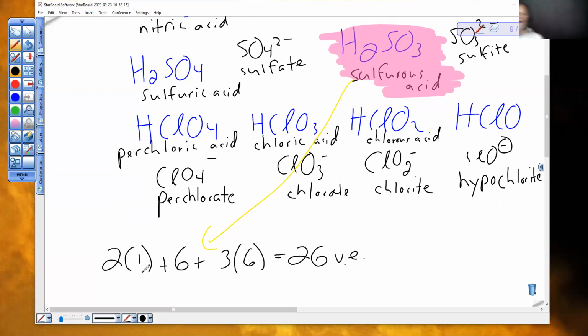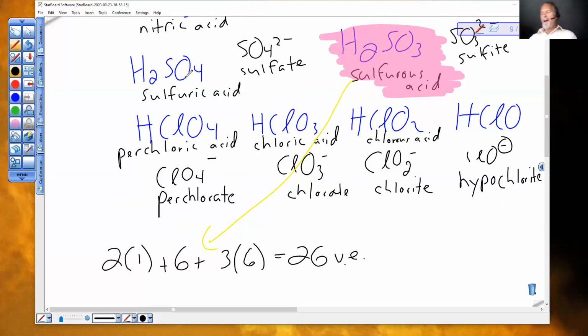Oxygens, you don't bond oxygens to oxygens ever if you can avoid them, and definitely we can. And do not attach the hydrogen to sulfur. That would not be an acid at all. You must attach the hydrogen to oxygen. The giveaway is the way the formula is written out. You have H and some atom in the middle, and then oxygens at the end.